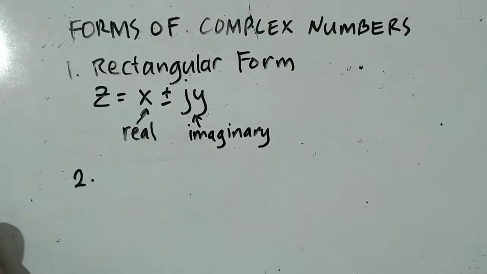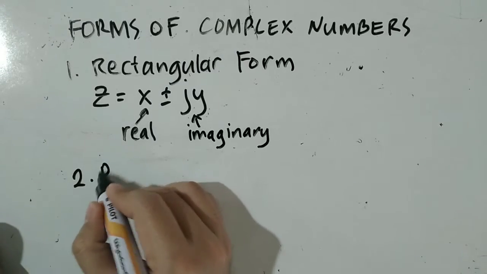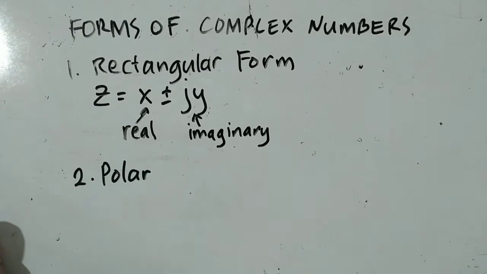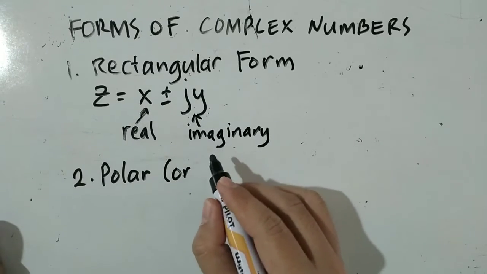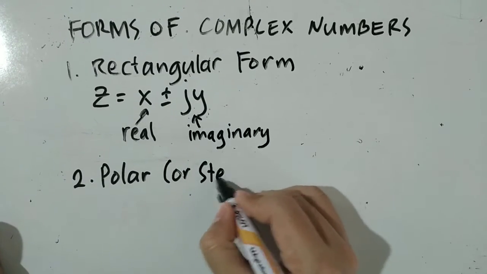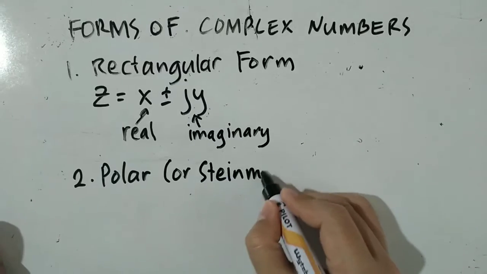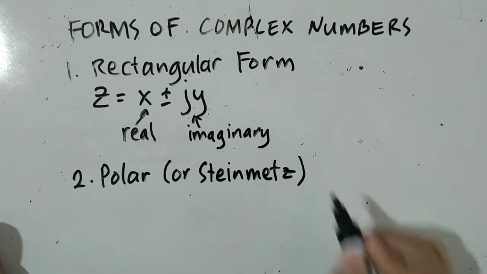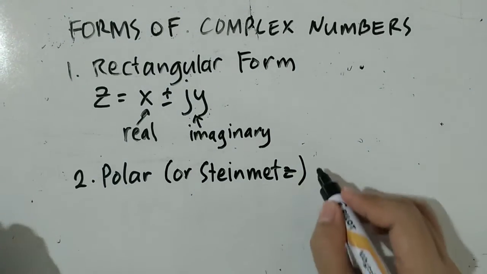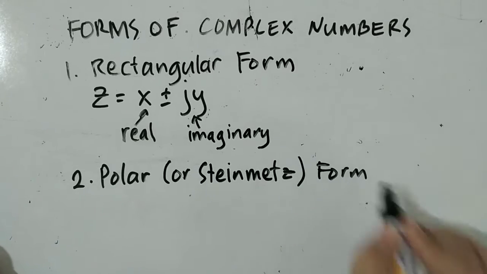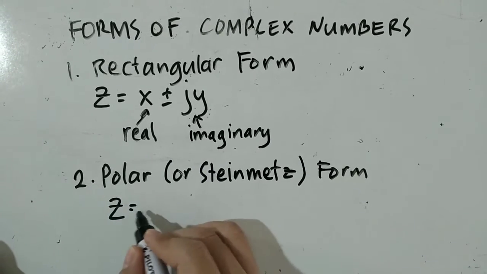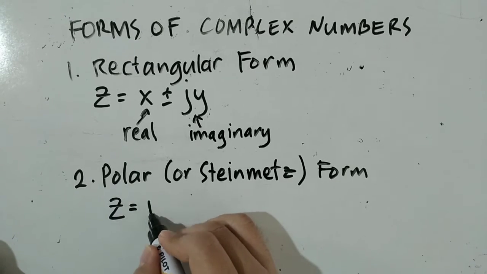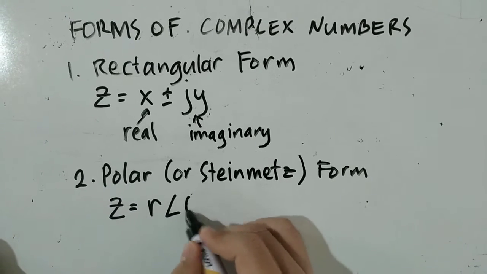And the second form of complex number is what we call the polar form, or the other term is Steinmetz form. So polar form is in the form z equals r angle theta.